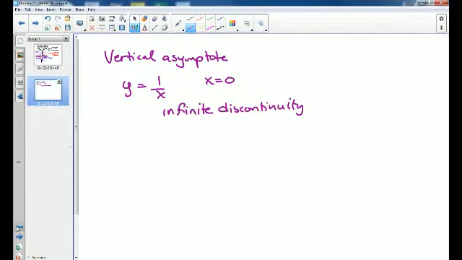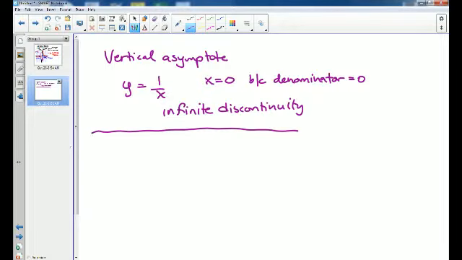Yes. So there's a point where that doesn't apply. It would be something like this. Okay, where is the denominator 0?